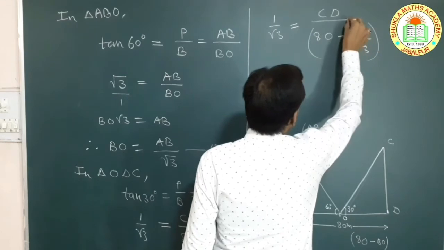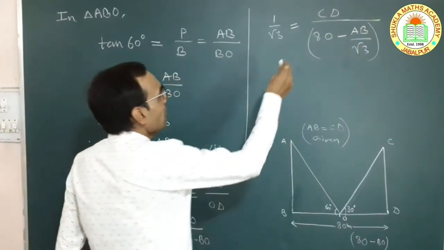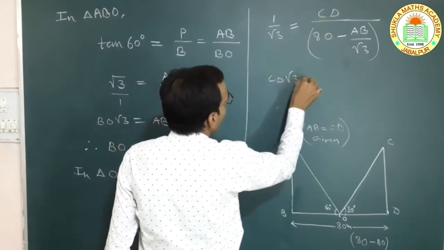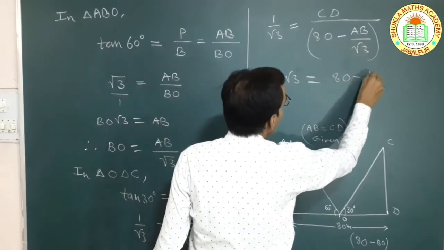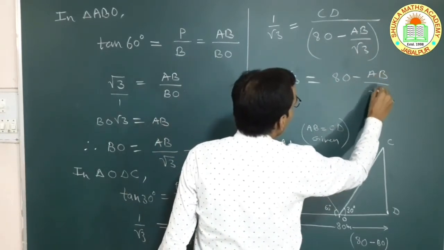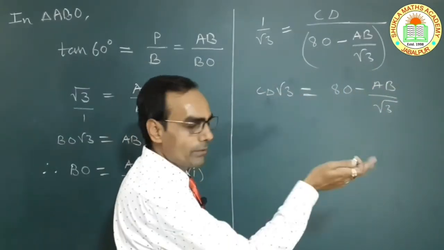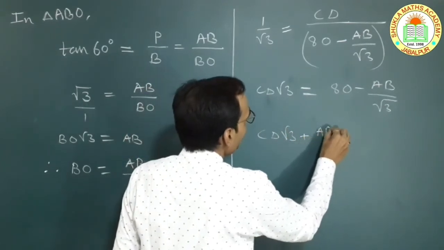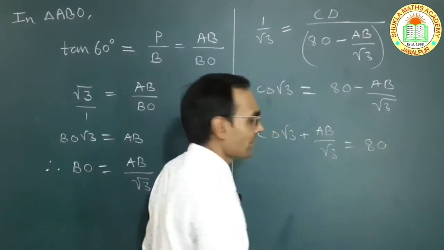This is in the denominator. After multiplication, we get CD into root 3 is equal to 1 into this whole bracket. So we get 80 minus AB by root 3. Transfer the AB by root 3 from right to left side. We get CD into root 3 plus AB by root 3 equal to 80.